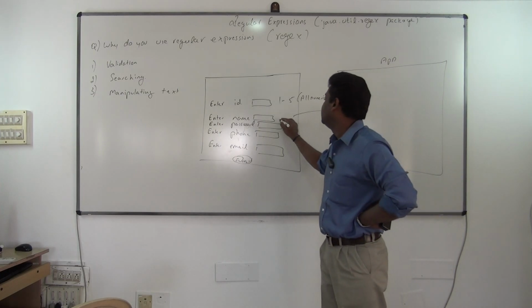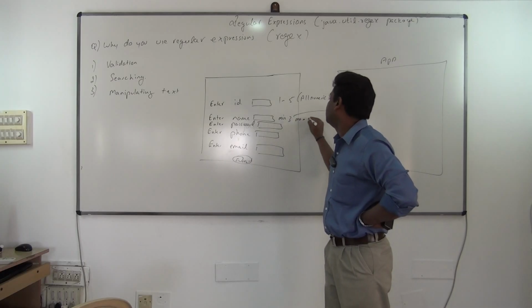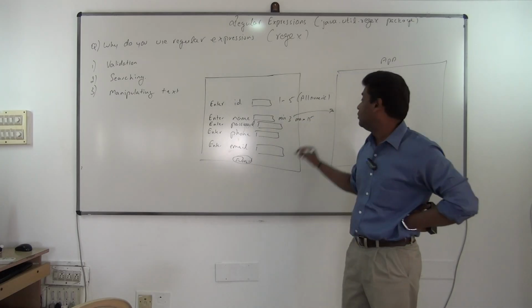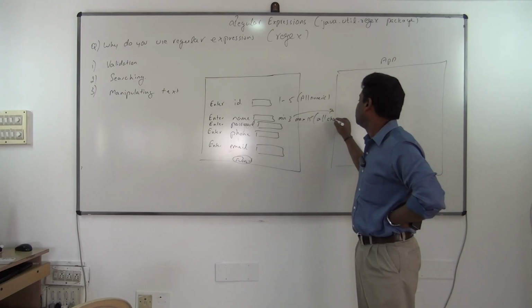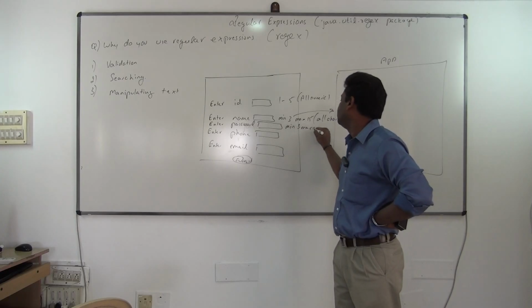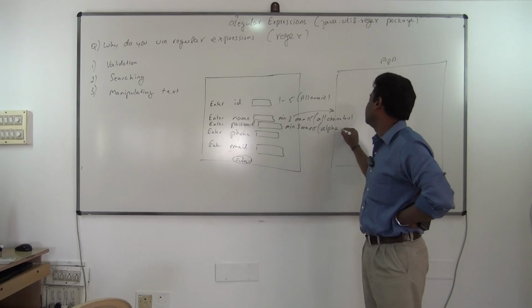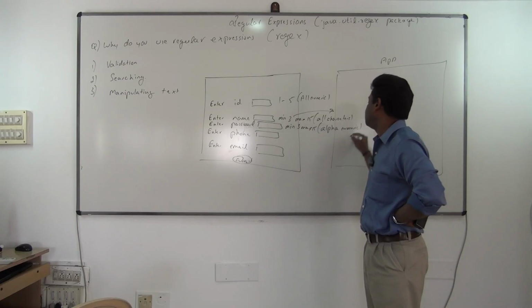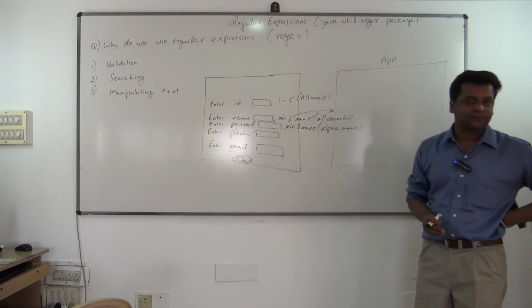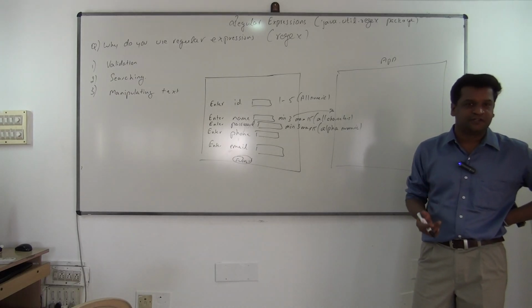Name should be minimum 3 characters, maximum 15 characters, and all characters only. Password, again the same, minimum 3, maximum 15, but it should be alphanumeric. Alphanumeric means alphabets plus numerals. Like this kind of requirement will come when you are developing an application.